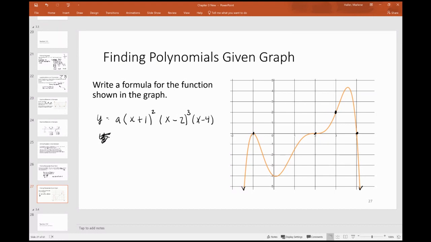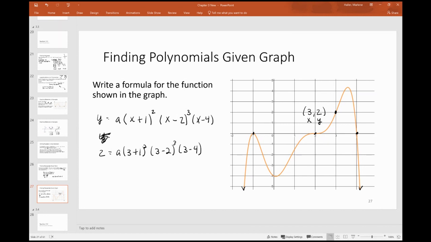It has an x coordinate of 3 and a y coordinate of 2. So let's plug those values into our equation and see if we can solve for a. If y is 2, we're going to say 2 equals a times, x was 3, so (3 plus 1) squared times (3 minus 2) cubed times (3 minus 4).